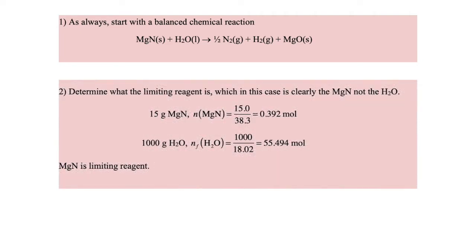So we start off the same way, with a balanced chemical reaction, including all the phase designations, and then we're going to determine the limiting reagent, which is in this case the magnesium nitride. Much lower quantity of magnesium nitride compared to water, which is there in great excess.